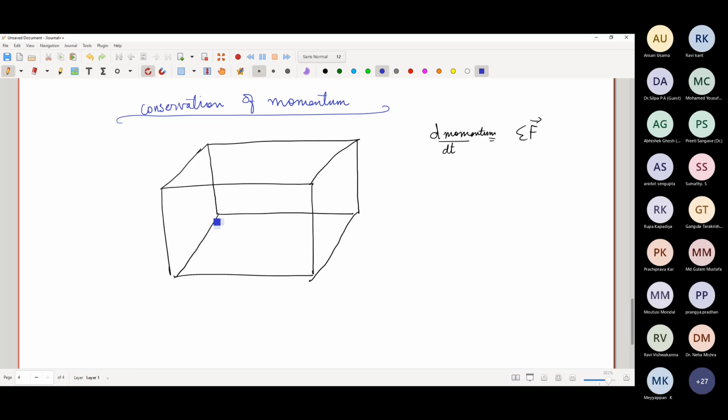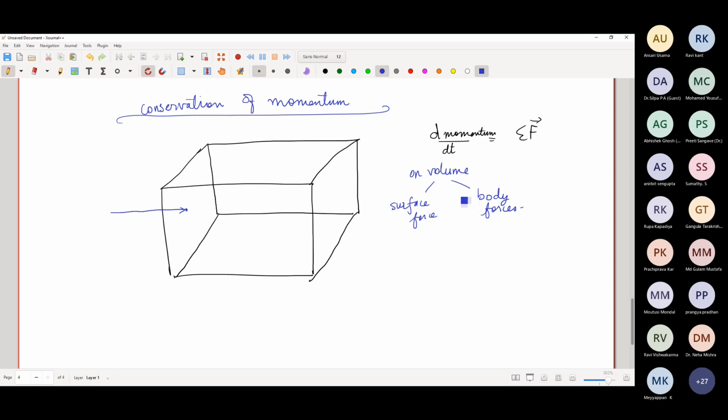So now what kind of forces can act on this? There are two kinds of forces that can act on this volume. We can have surface forces or we can have body forces. Okay.